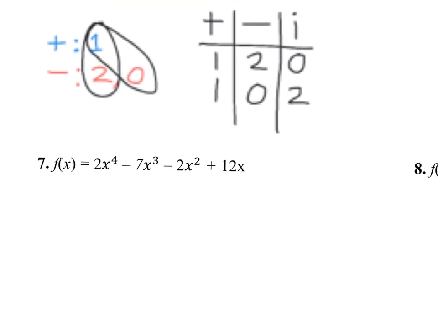Okay, so for number 7, we're going to count the sign changes. So it starts positive, then it changes to negative, that's 1, stays negative, changes to positive. Okay, so there were 2 changes in that polynomial.